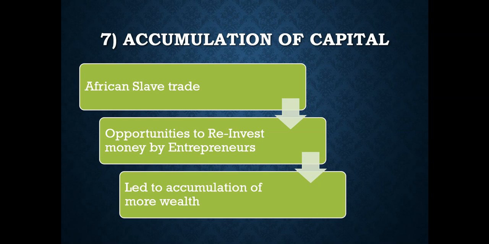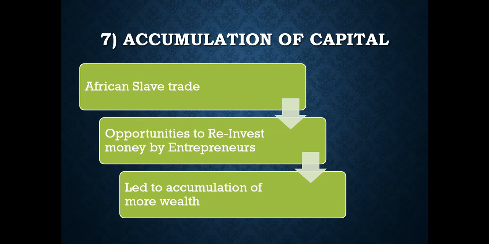The seventh reason why Great Britain was able to be the mother of the Industrial Revolution is that they had a whole bunch of capital, a whole bunch of money. And a lot of this money, unfortunately and sadly, was a direct result of the African slave trade.